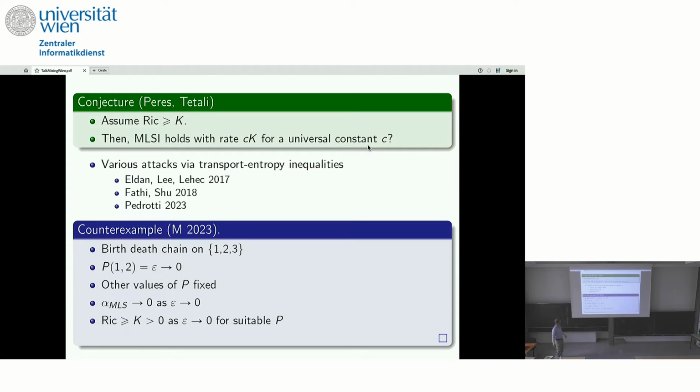Then it turns out that if you choose the right jump rates for the other edges, then you can ensure that you have uniformly positive Ollivier curvature. But as this one jump rate goes to 0, this modified log-Sobolev constant will go to 0. So this means there's no chance to find such a universal constant C.